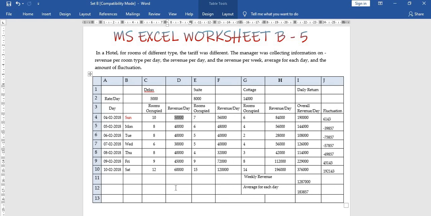If on Tuesday there were 8 rooms, then again it will be 8 into 5,000. But if another day it was 6 rooms, then it would be 6 into 5,000, right? So in this way, you need to calculate the revenue per day. You need to calculate the revenue per day for suites also and for cottages also.